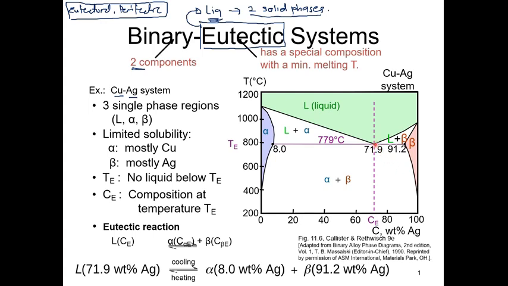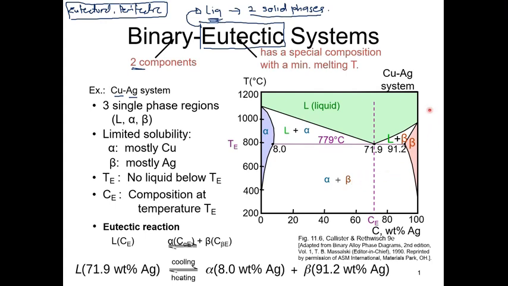below the eutectic point, TE is the eutectic point. Below eutectic point will be solid, no liquid. Okay, above the eutectic point will be liquid. Okay, sebab eutectic point is a point where liquid will transform into two solid, which is alpha and beta.